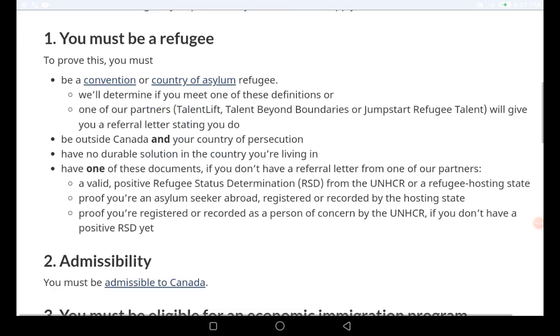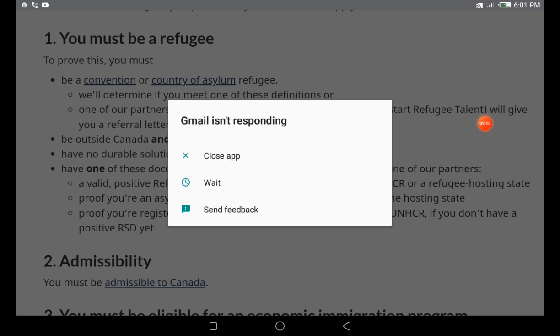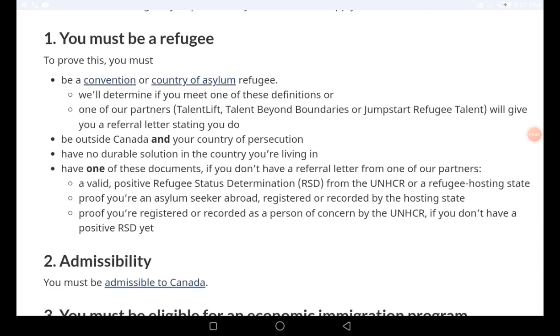And you must have one of these documents. If you don't have a referral letter from one of the partners listed above, which is Talent Leaves, Talent Beyond Boundary, and this particular one right now, you must have a valid positive refugee status determination, RSD, from this body or a refugee hosting state.